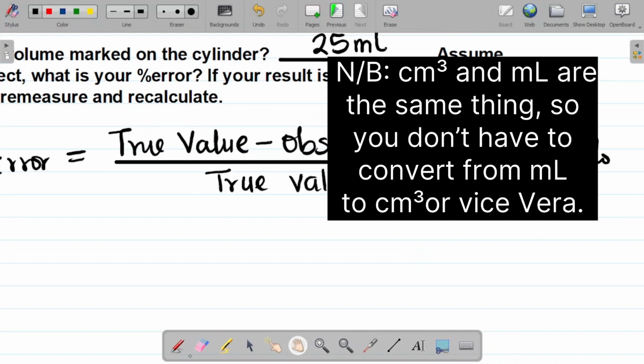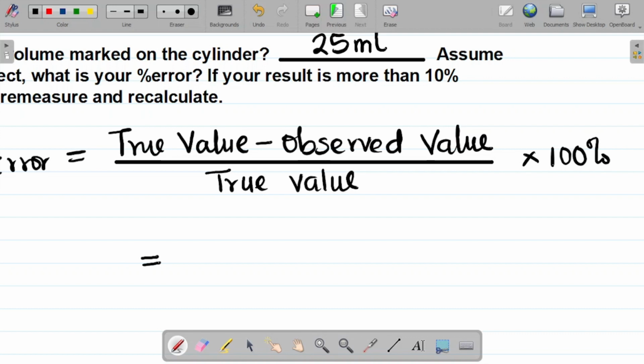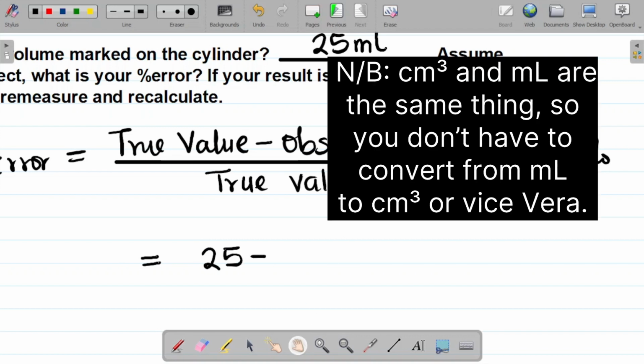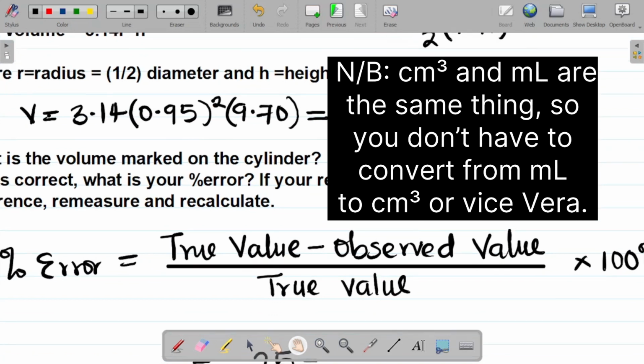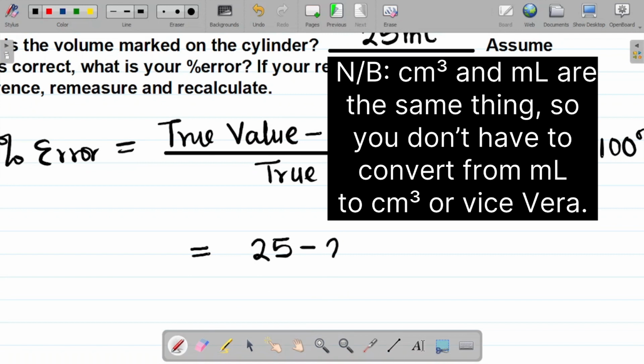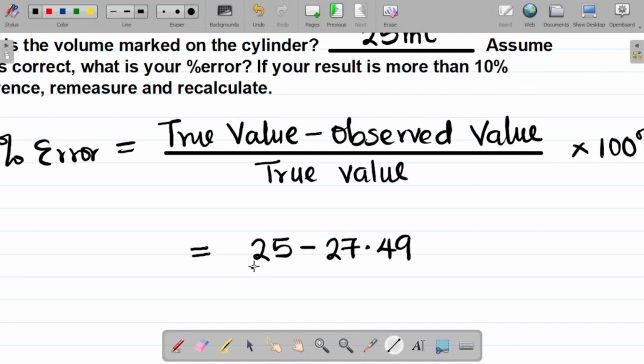If I do this now, what do you observe? The true value will be the volume as marked on the cylinder, which is about 25 milliliter. So I have 25 milliliter minus the observed value, which would be the volume as I calculated, about 27.49, all over true value, which we got as 25, times 100%.